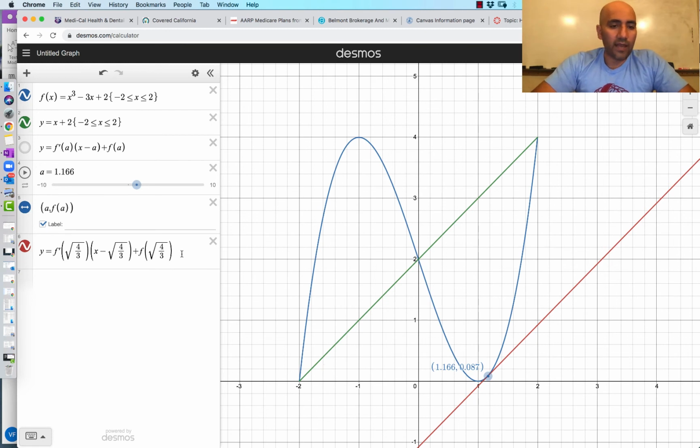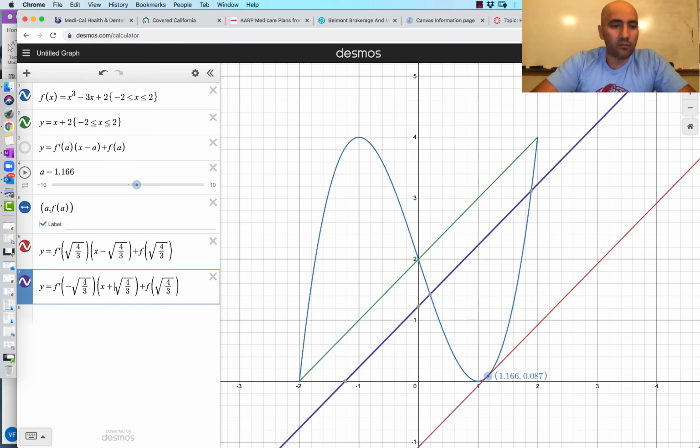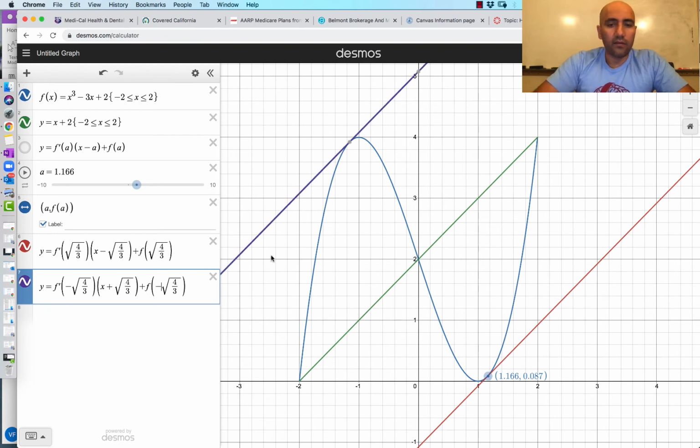And there was another one at negative, right? So let's copy this, put it over here, except this time everything's negative. So negative there. And negative out here means that this is going to turn positive, plus, and then f of negative there. And so we get another one. Let's put it in red again.